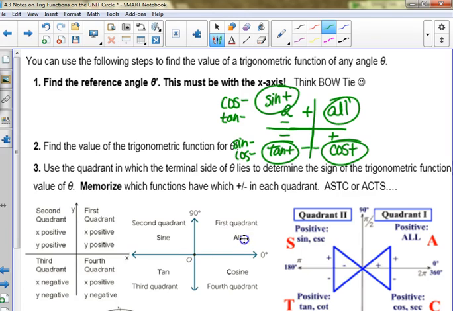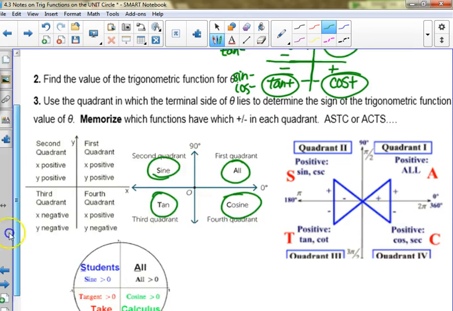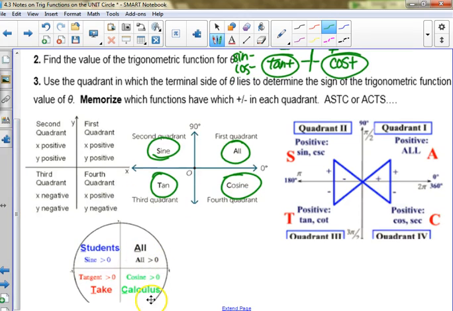Most students remember it using that. They go all, sine, tangent, cosine. Some things you can use to remember that: All Students Take Calculus is what most teachers teach. Some like to just remember it spells ASTC, but if you do that, you're going the other direction, and then you might get your quadrants mixed up.